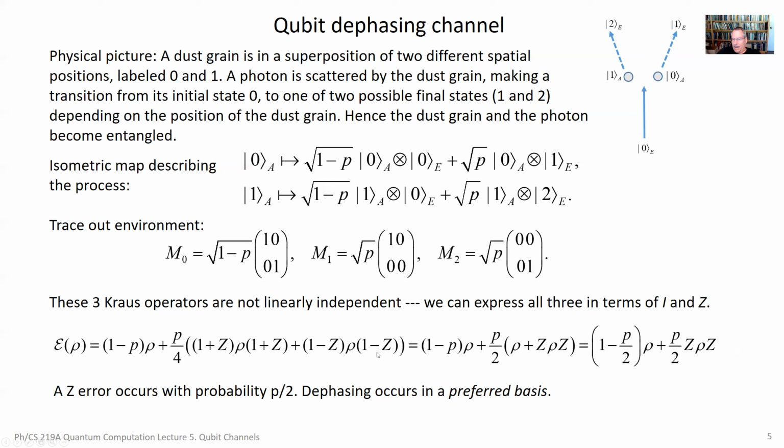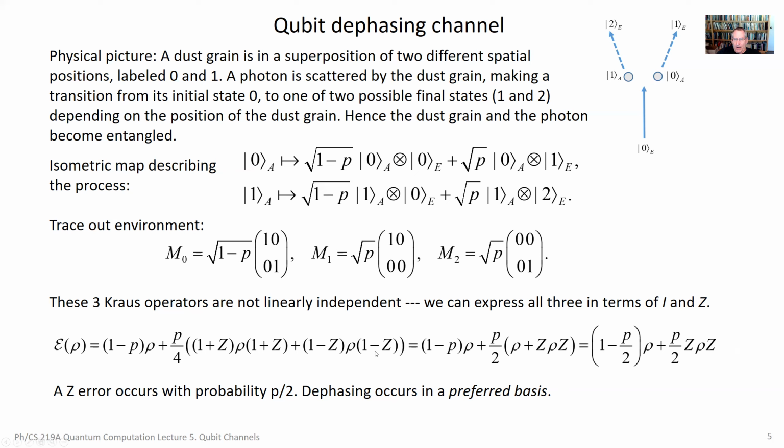rho, identity minus Z. And now we can simplify this a little bit, because the terms here which have a Z on one side and the identity on the other, they're going to cancel because they occur with the plus sign and they occur with the minus sign here. And so since those terms cancel, all I wind up with are the identity rho identity terms, and there are 2 of those. So the P over 4 became a P over 2, and the Z rho Z terms.